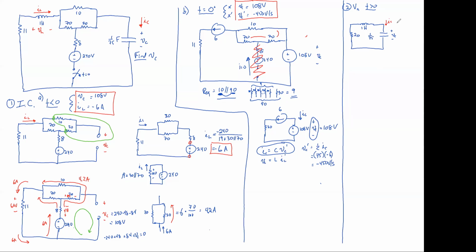Okay, so the first question is, Dom, I'm going to let you continue. What formula will you use for alpha? Would you use the series one, the R over 2L? That's right. And then the omega naught is 1 over the square root of LC, right?